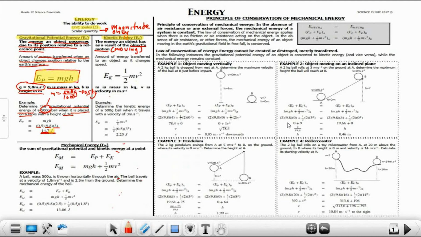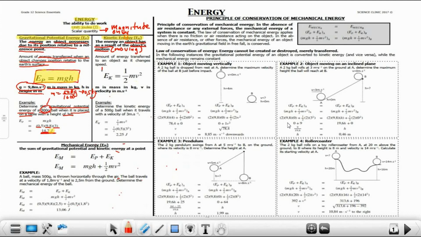So for me to talk of kinetic energy, the object should be moving. In this instance the object will possess the type of energy which we call kinetic energy. So kinetic energy is the energy an object has as a result of its motion. So it basically says the object should be moving.